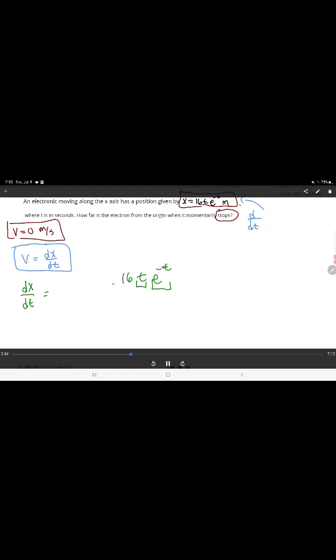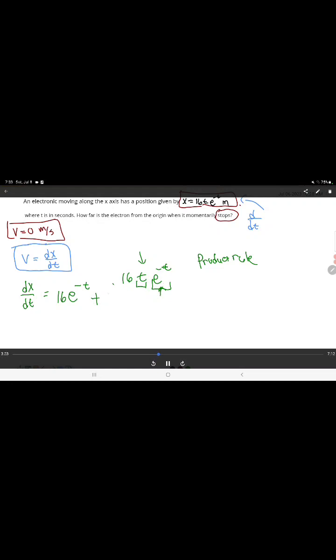So let's actually take that derivative. When you take the derivative of t with respect to t, well, that's just 1. So that's going to be 16 times e to the minus t. For the second part, when I add this to the other part, I have to take the derivative of e to the minus t.